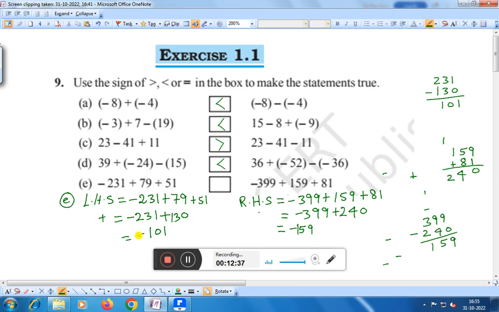Now you see that minus 101 is greater than minus 159. Therefore, question number E will be is greater than, right? This is the solution of question number 9.